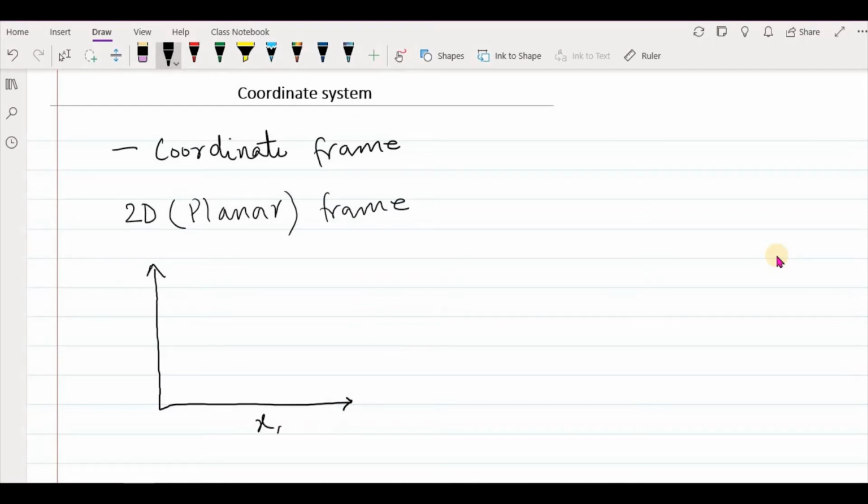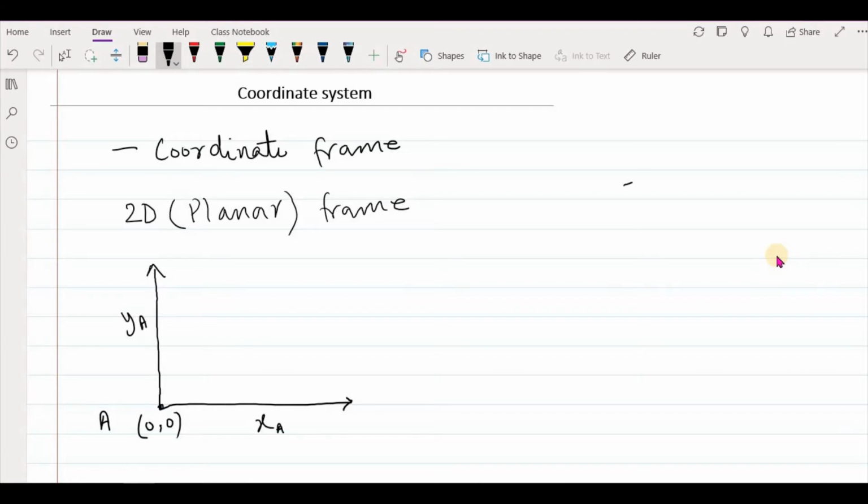Let's say this is XA, YA, and we call this frame A. And here, at this point, we have its 0, 0 coordinates. So this is a planar or 2D coordinate system.